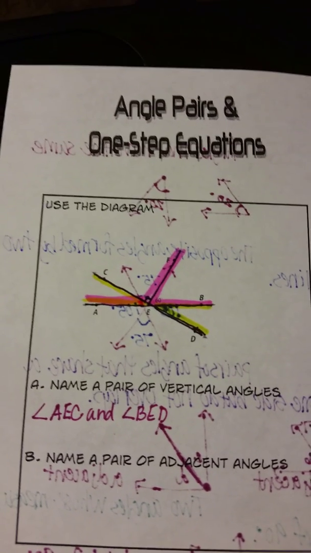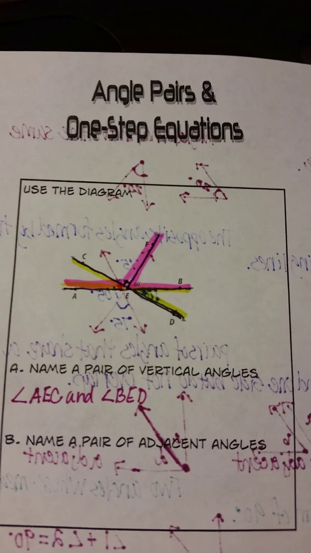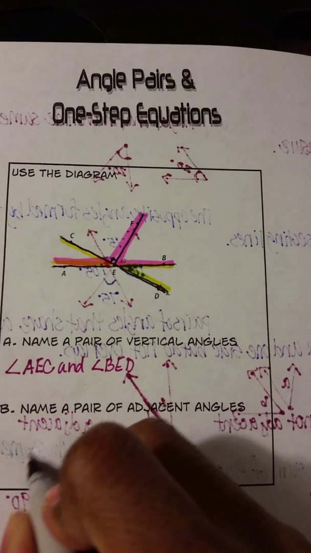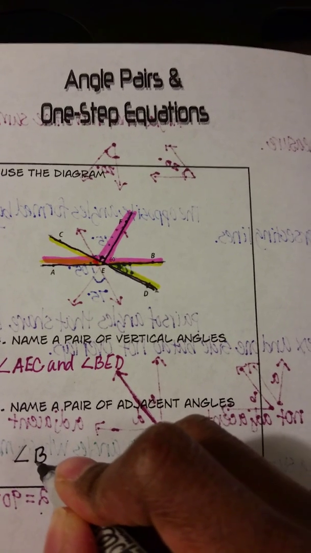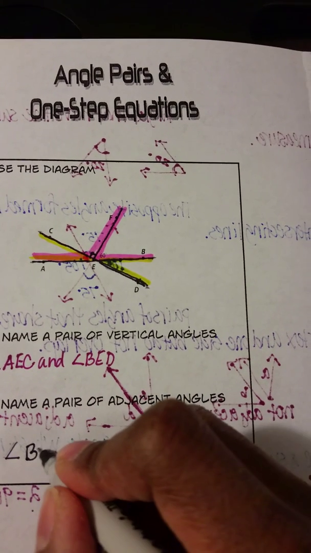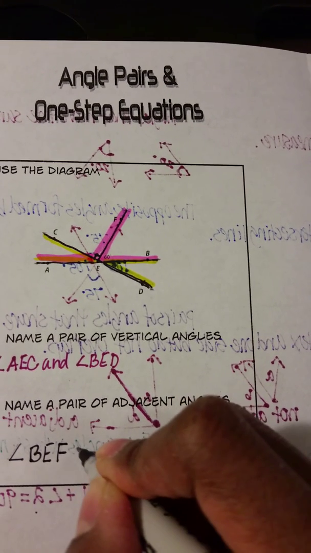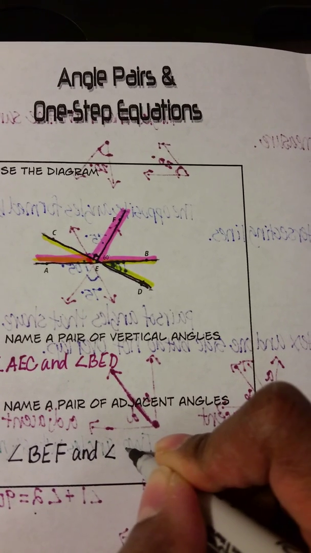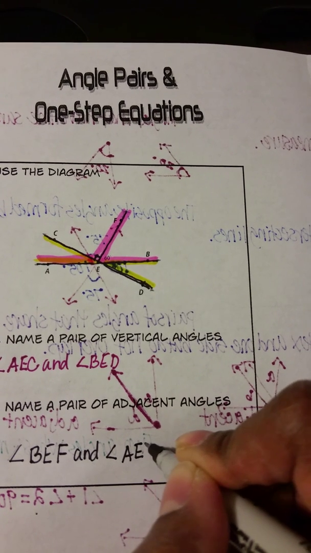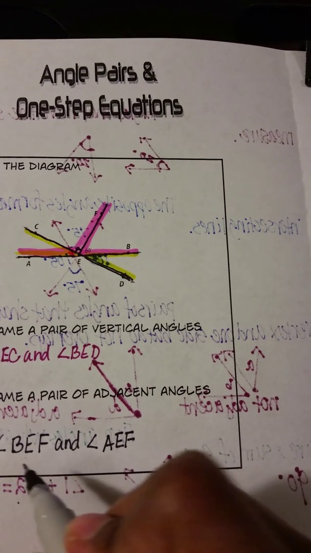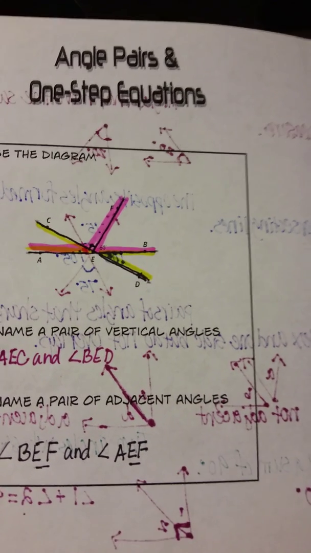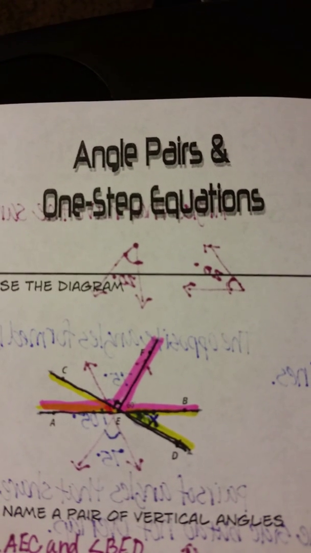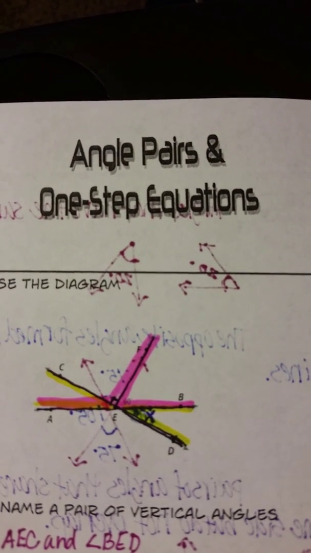Those two are adjacent: angle BEF and angle AEF. As you see, they share the same side, EF.